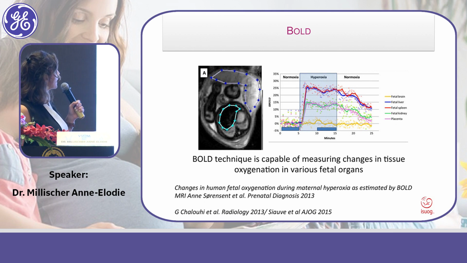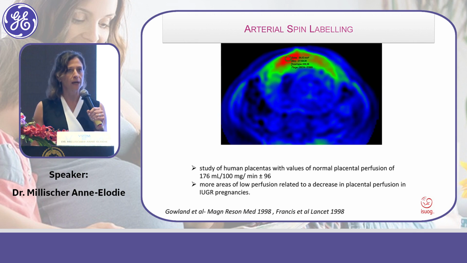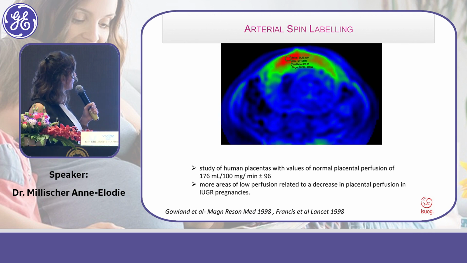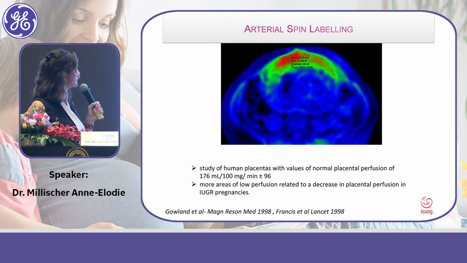And here you have the example of BOLD technique, and more recently, a subject we are working on at Necker Hospital, it is this arterial spin labeling, and with this kind of techniques, we'll be capable to measure the perfusion of the placenta without adding any contrast.